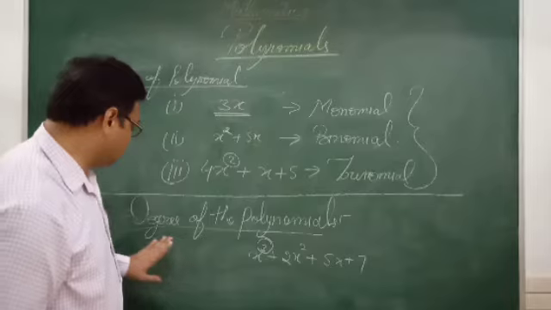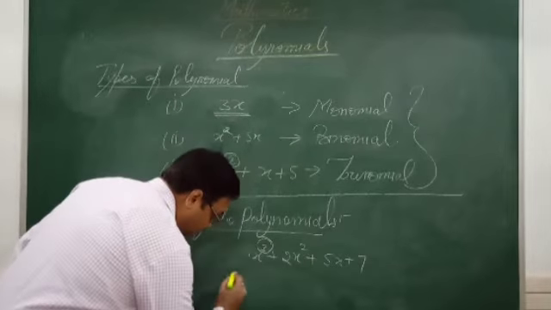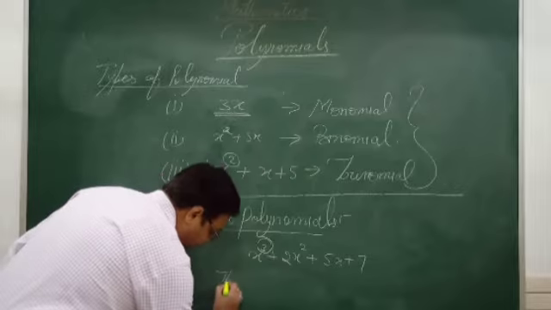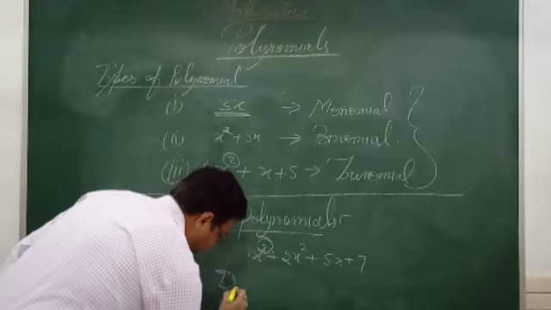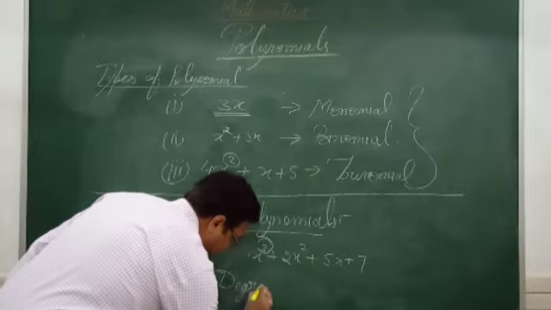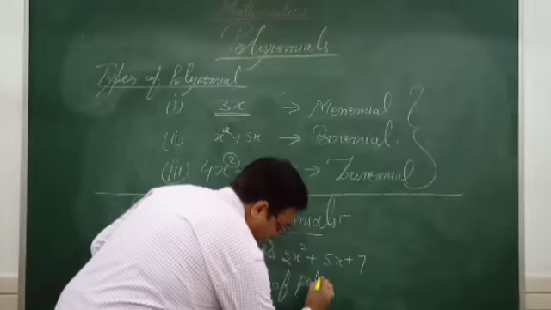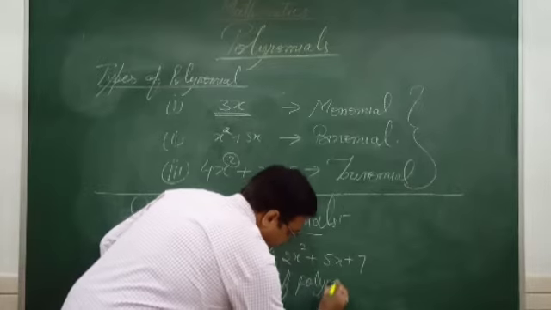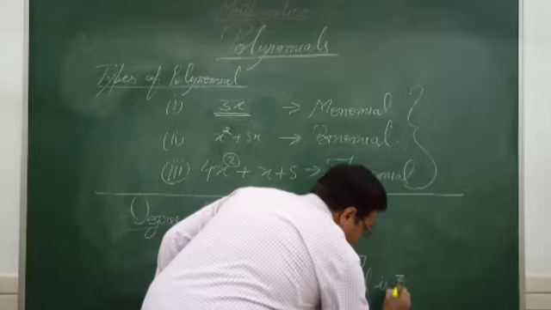So this 3 is called the degree of the polynomial. Here you will write, degree of the polynomial is 3.